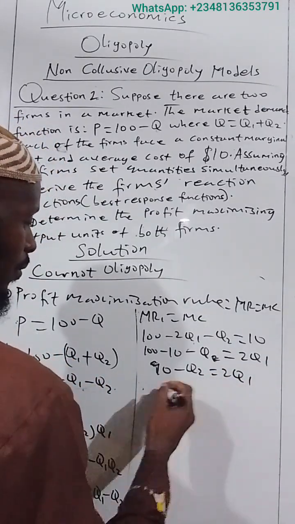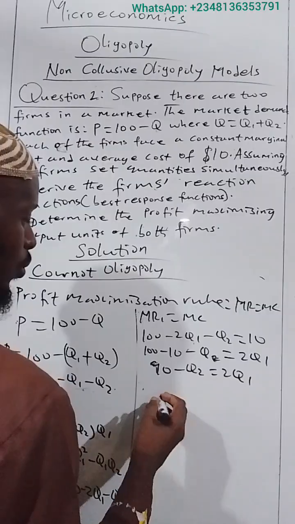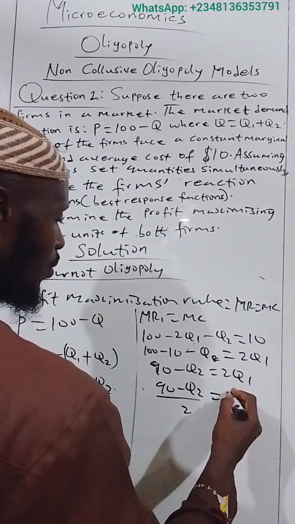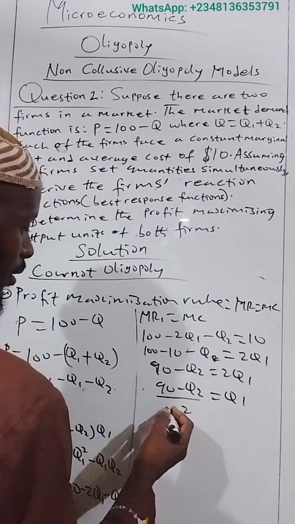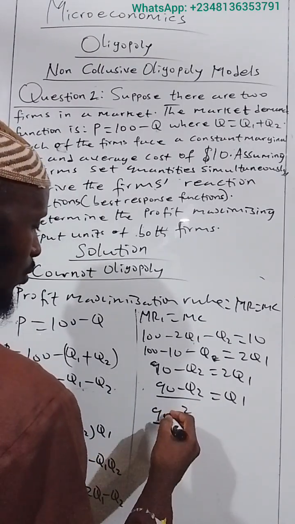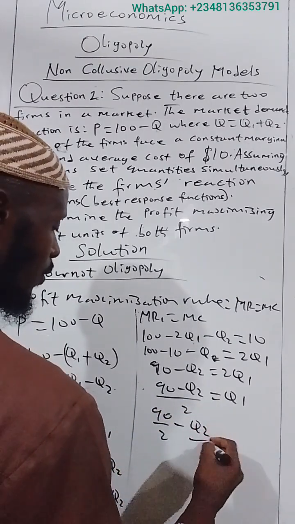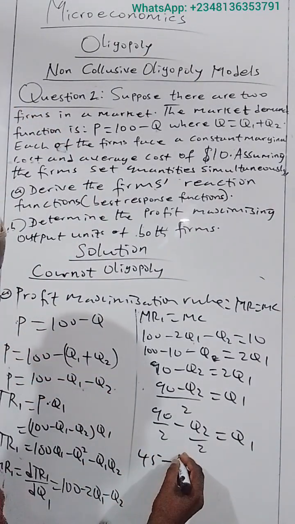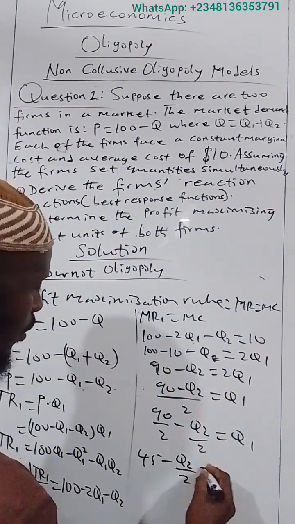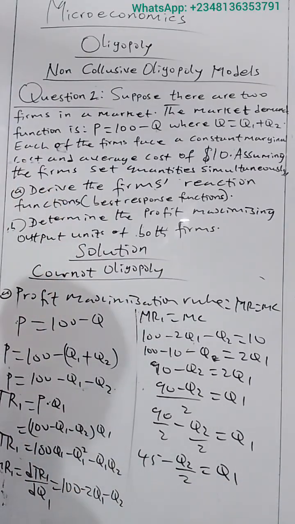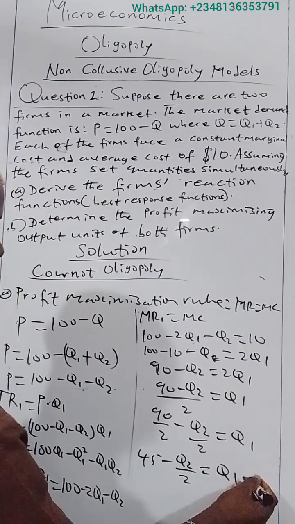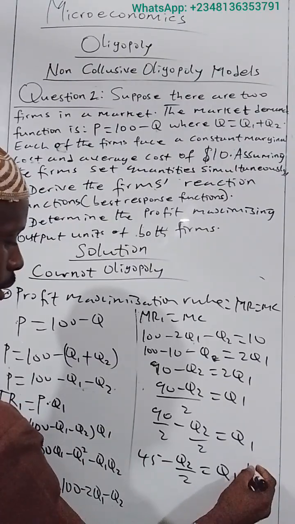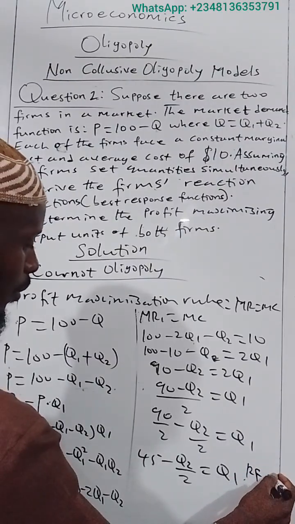Then I divide both sides by the coefficient of Q1. I have 90 minus Q2 over 2 equals Q1. Then I have 90 over 2 minus Q2 over 2 equals Q1. Then I have 45 minus Q2 over 2 equals Q1. So this is the reaction function of firm 1.